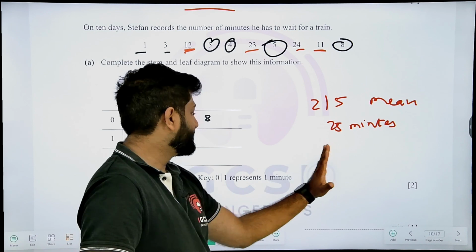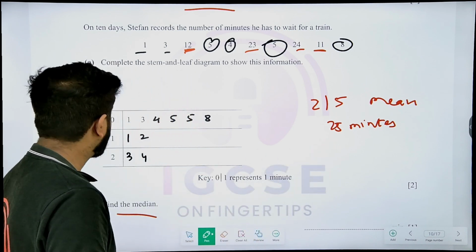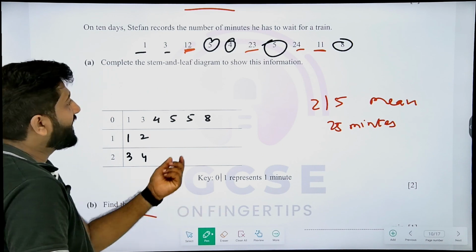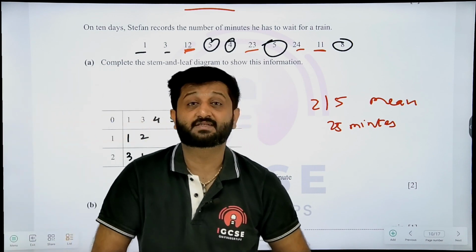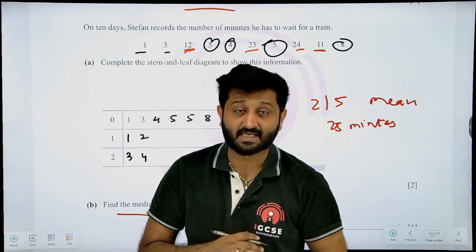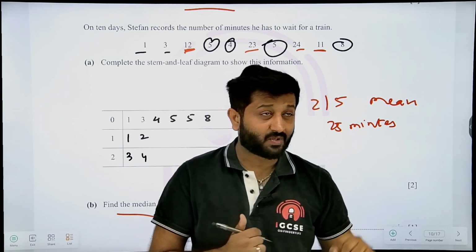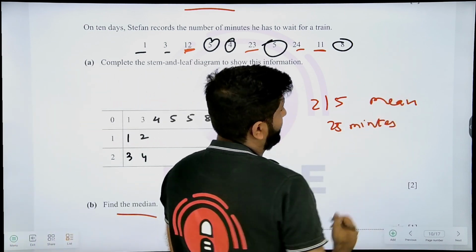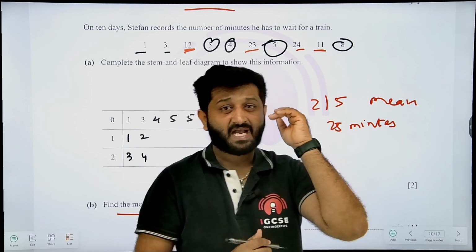Now next is find the median. Now guys, what is median? Median is the middle term. I know that I have 10 observations, which means the number of observations is even.